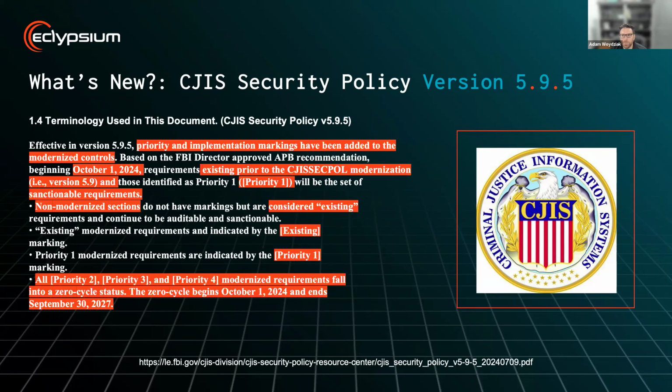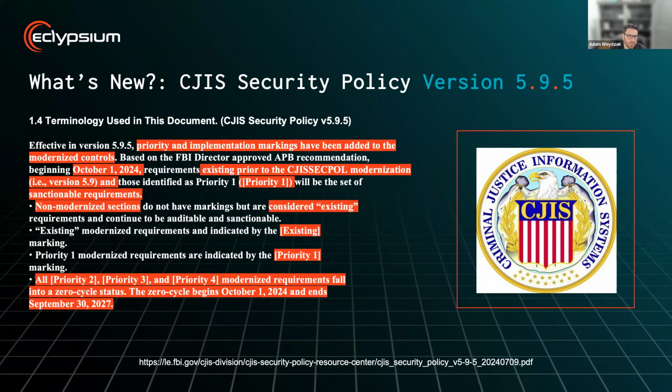If you're not familiar with it, what it means to you is that now you have a roadmap for what's most important and what you need to address first. There are three designations, and the first is existing. Anything that was existing prior to the modernization is marked as existing. Then there's a priority one designation that's treated the same as existing. It's something very critical that needs to be in place today.